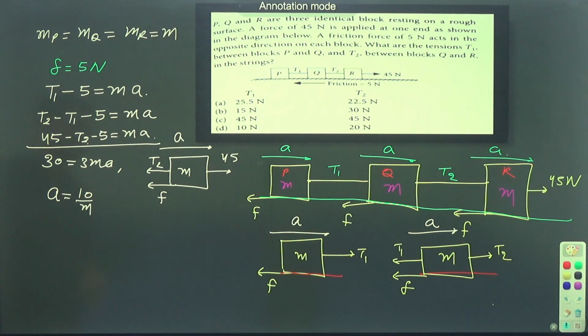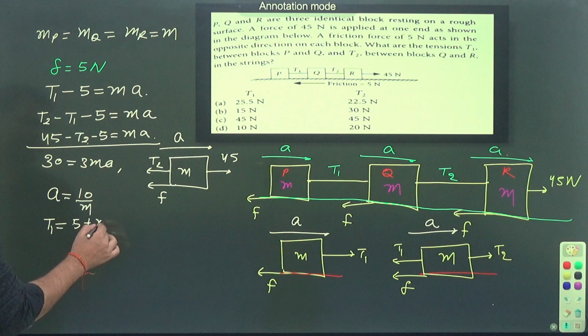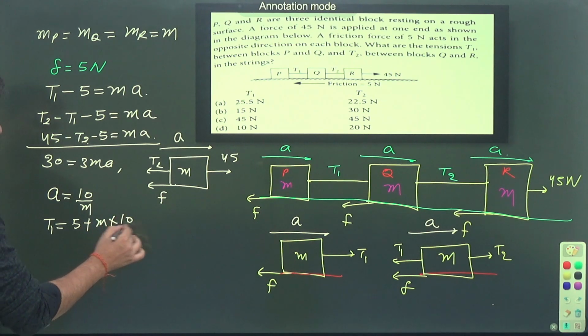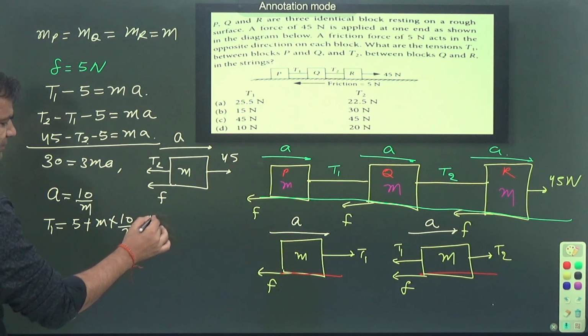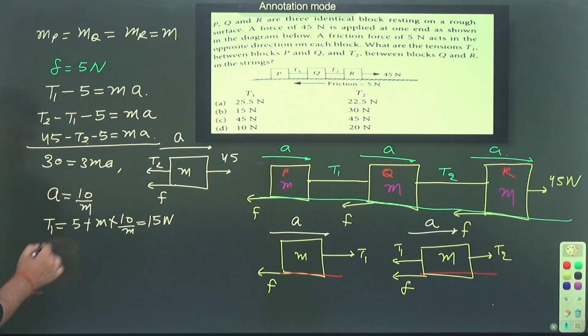10 by m. Now if we put this value here, we get T1. T1 equals 5 plus m into 10 by m, that is 15 Newton. What about T2?